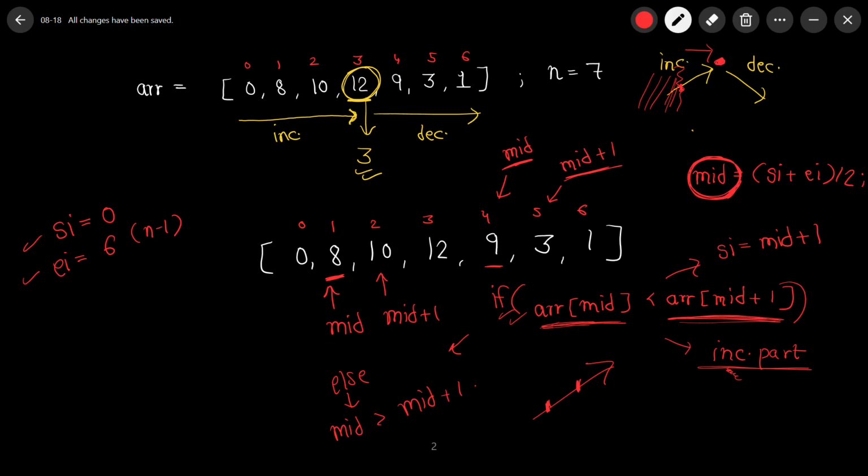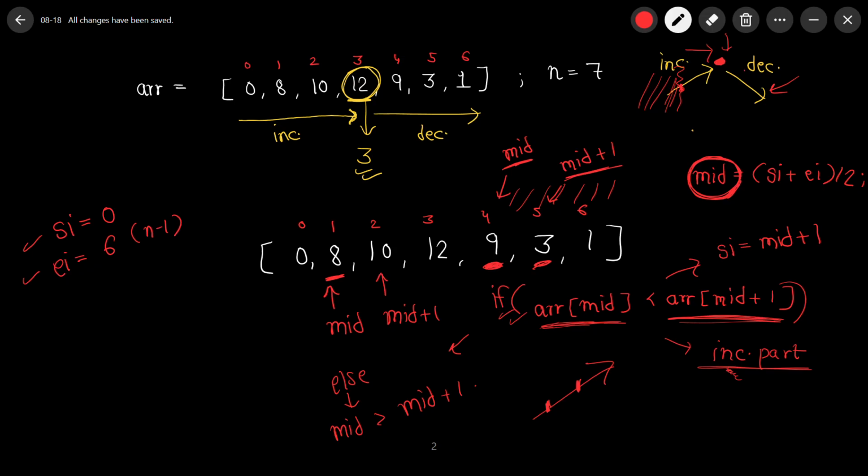So we are currently in the decreasing portion, because in decreasing only the first element is larger than the next element. Since we are in the decreasing portion, we would exclude our right portion now, because peak is the start of the decreasing portion.